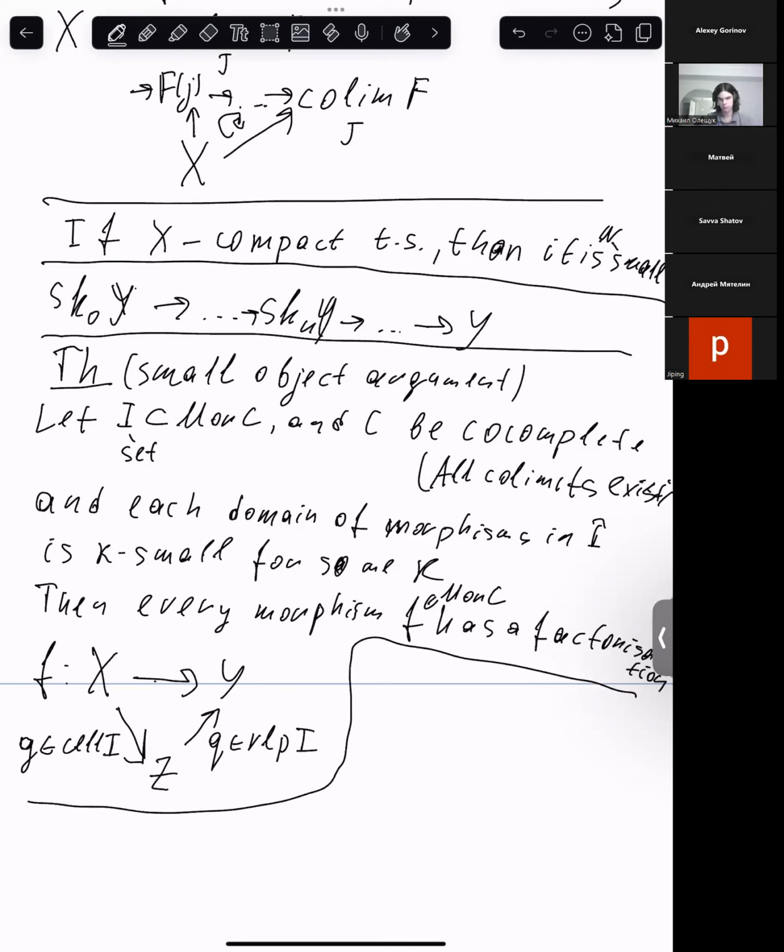Does everyone remember what cell of I means?